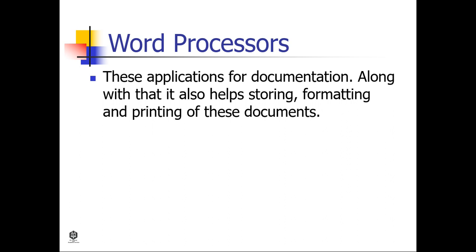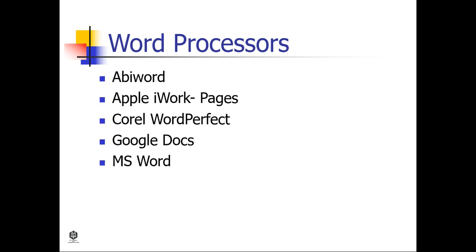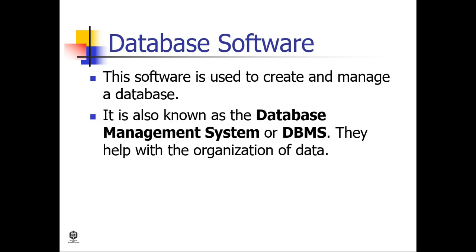Along with that, they also handle storing, formatting, and printing of these documents. Some examples of word processors are ABBYY Word, Apple iWork Pages, Corel WordPerfect, Google Docs, and Microsoft Word.